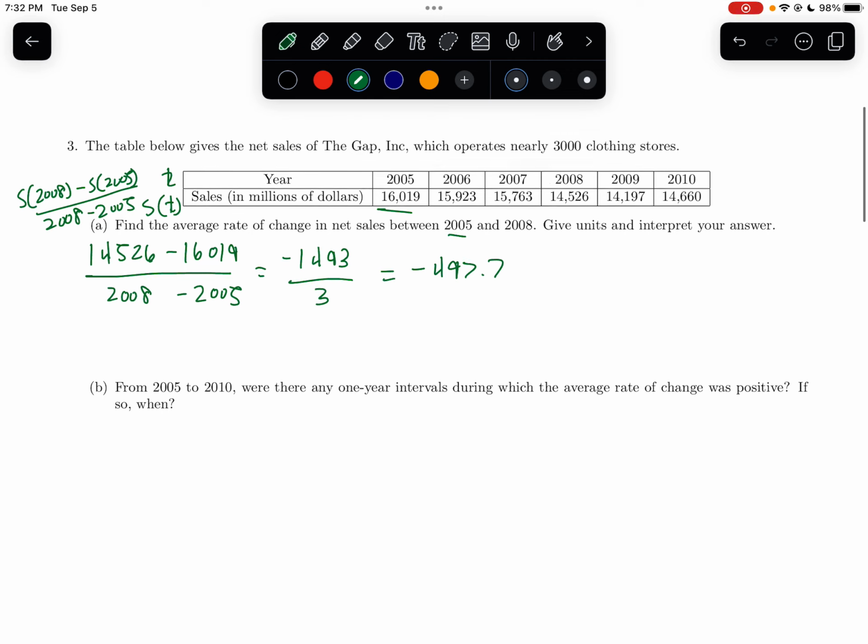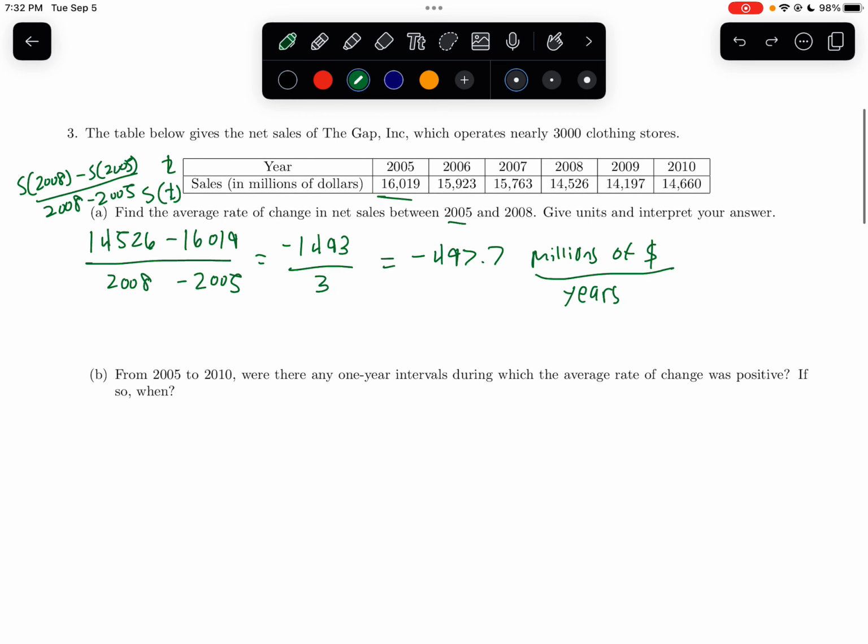And your units here are the units of your output variable, which is in millions of dollars, divided by your units of the input variable. And here that's in years, so it's millions of dollars per year. And the millions here is important. If you don't have that, then you would not have the correct units.